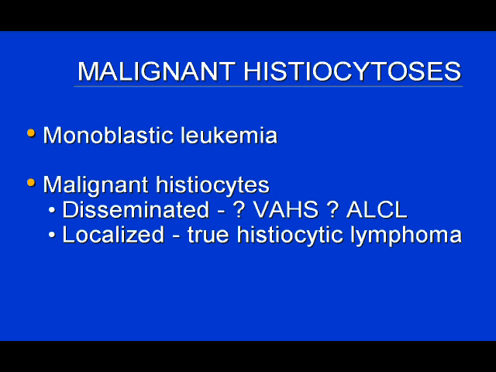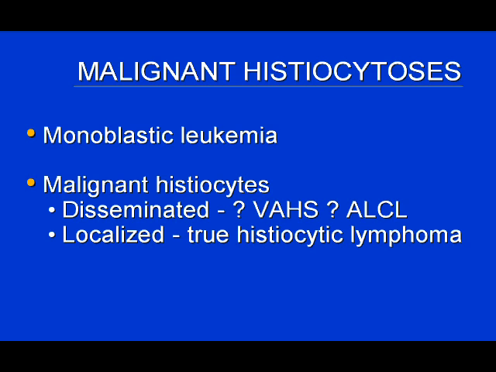And then the two diseases which were most commonly called malignant histiocytosis were disseminated forms of virus-associated hemophagocytic syndrome, before it was identified that this is in fact an abnormal reactive process, and anaplastic large cell lymphoma, before it was identified that it is in fact a T-cell neoplasm.